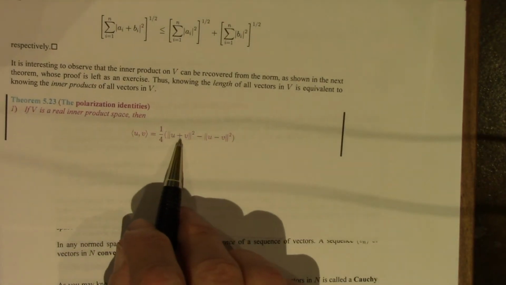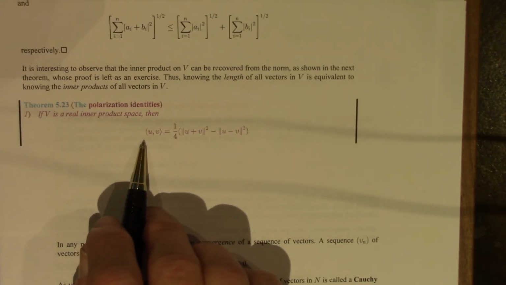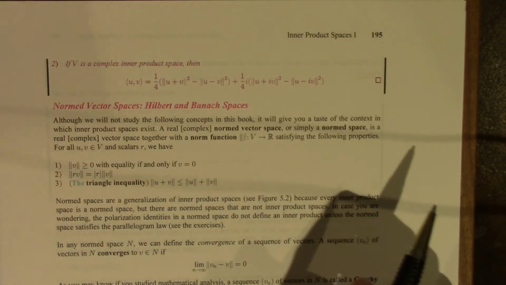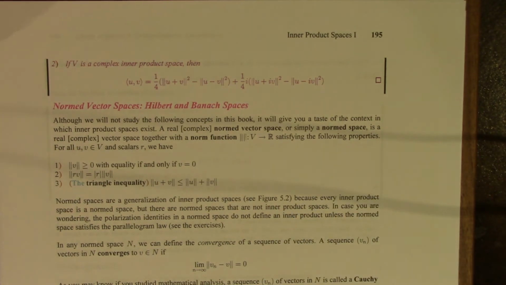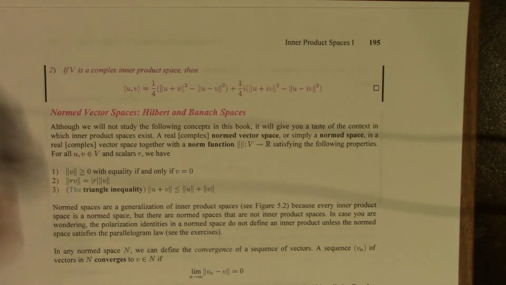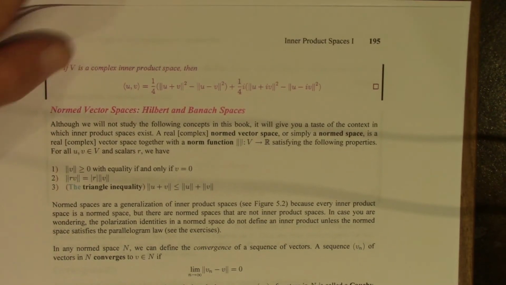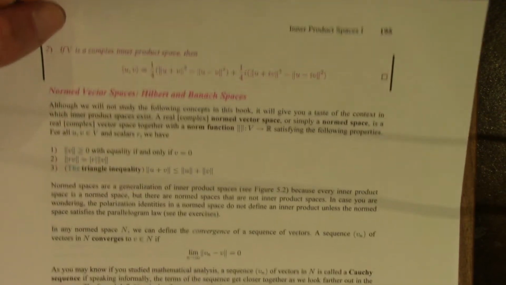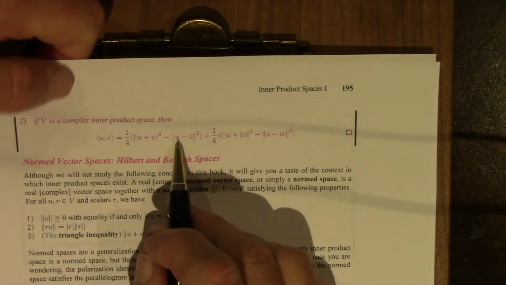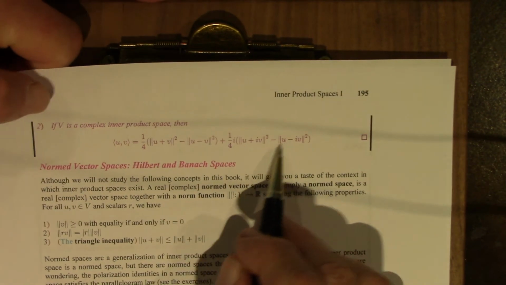So if we know the norms of every vector, we know the inner product of every pair of vectors. The complex version is more complex, but the idea is the same, and the proof is analogous, just a matter of writing out the right-hand side here and simplifying. Okay.